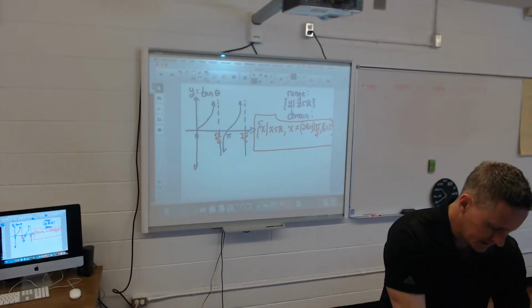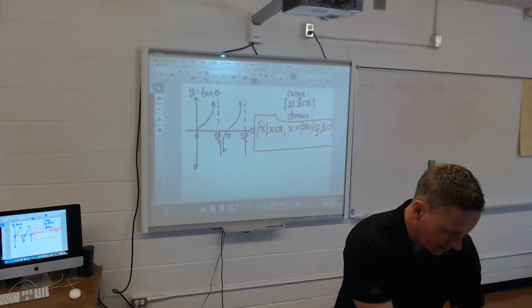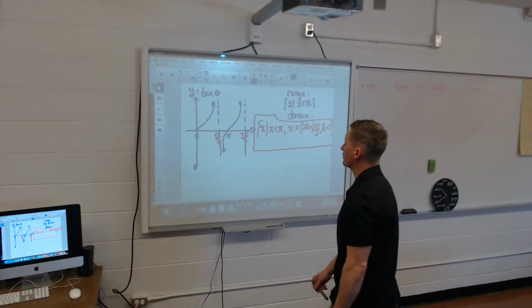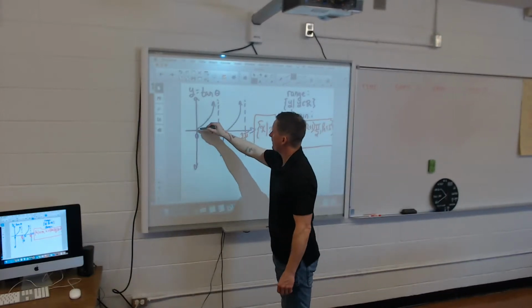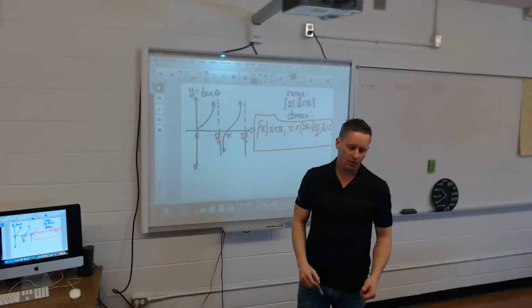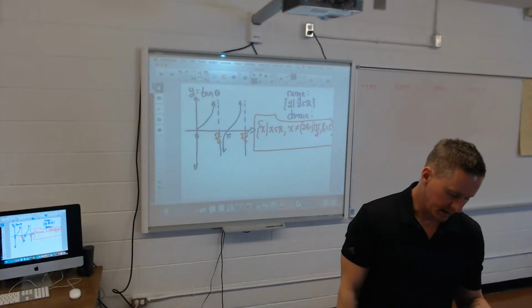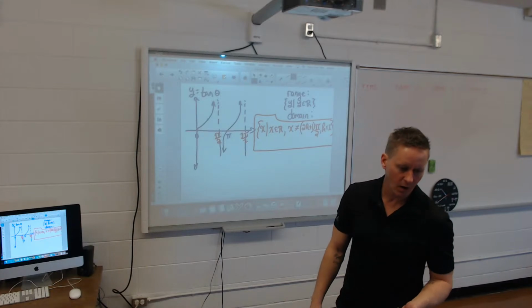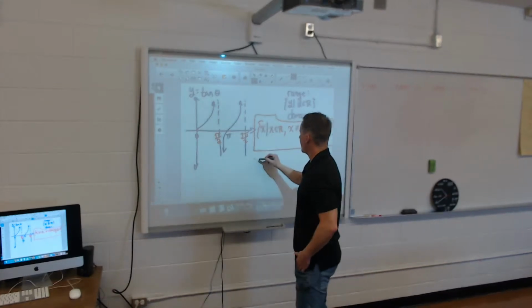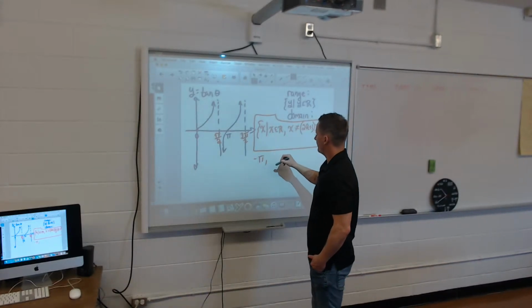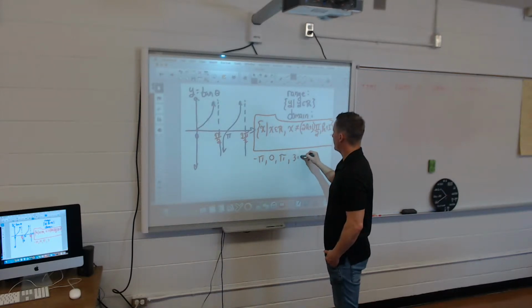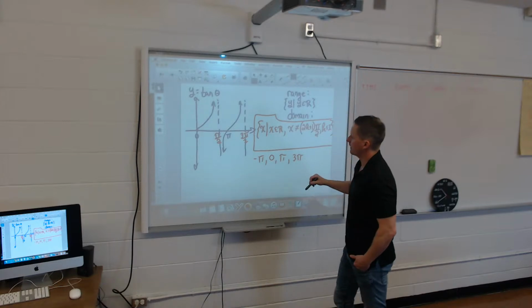So if you look on page 168, it asks you what the zeros are for tan over negative pi less than theta less than 4 pi. Okay, so the zeros occur at every pi value. So if I was going back to negative pi, negative pi would be your first one. So you can fill this in your workbook. I've got negative pi, my next one is 0, 1 pi, 3 pi, right?